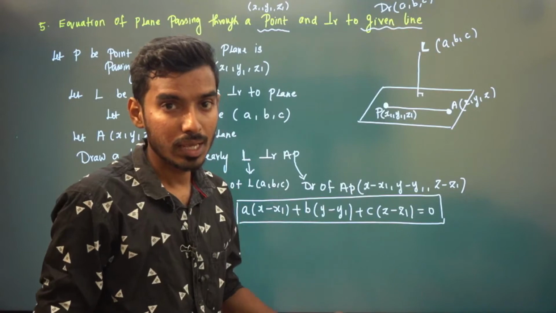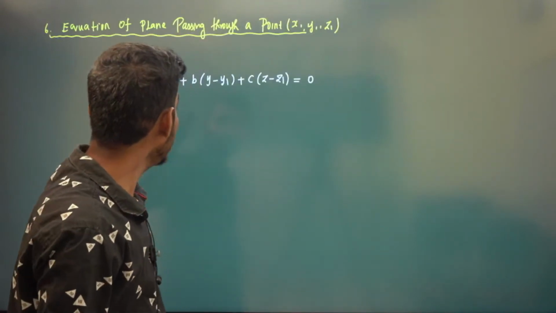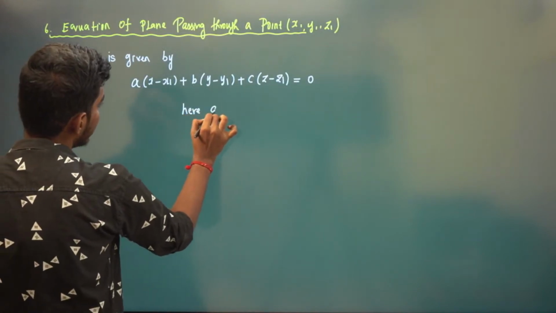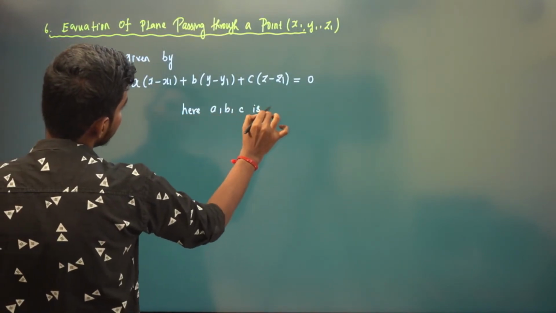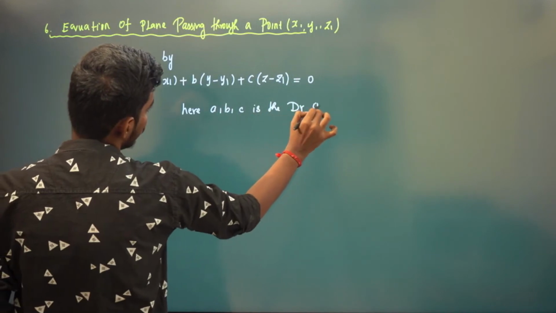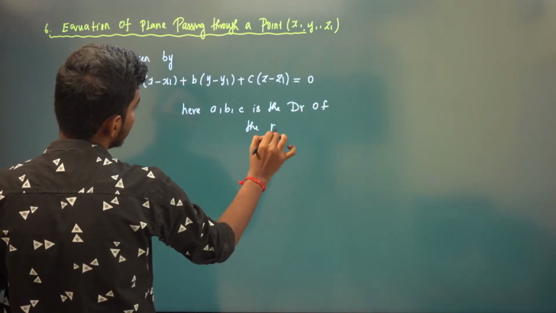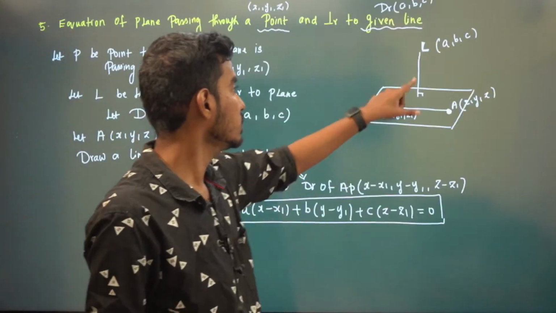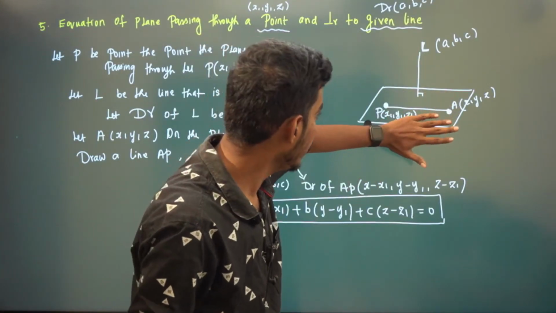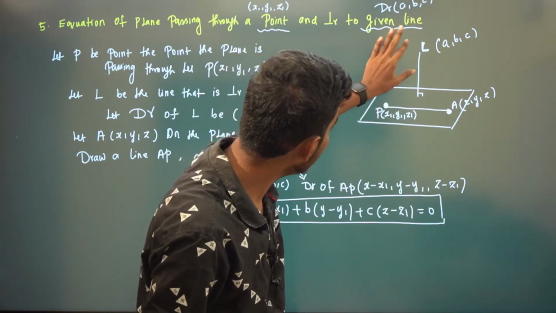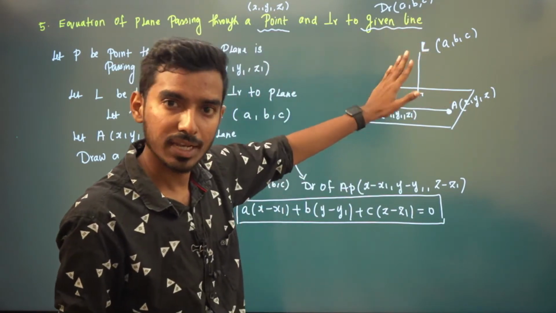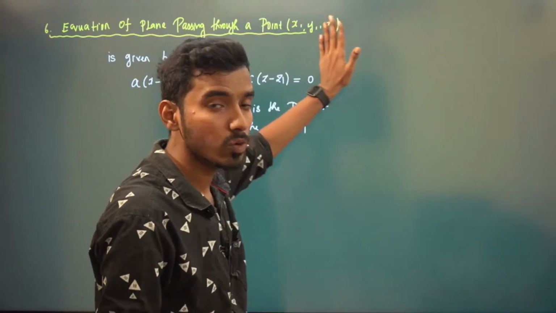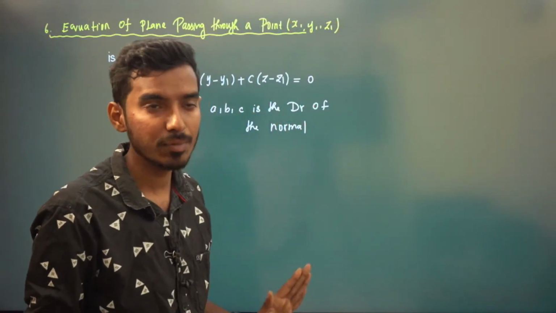Here a, b, c is the direction ratio of the normal, that's it. Here the plane need not be perpendicular to a given line; it can be any line. But if they say it is passing through a point only, write the same equation.